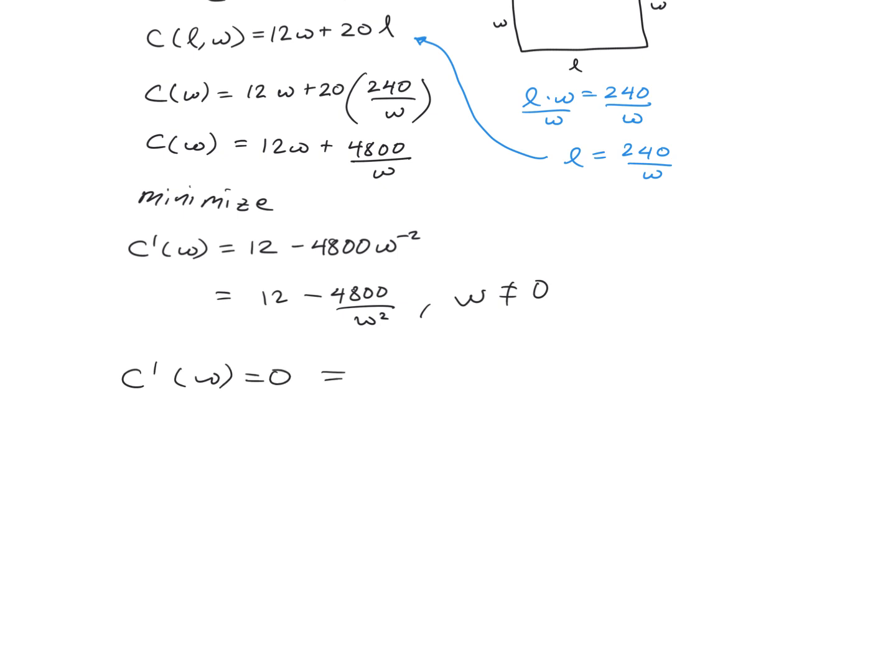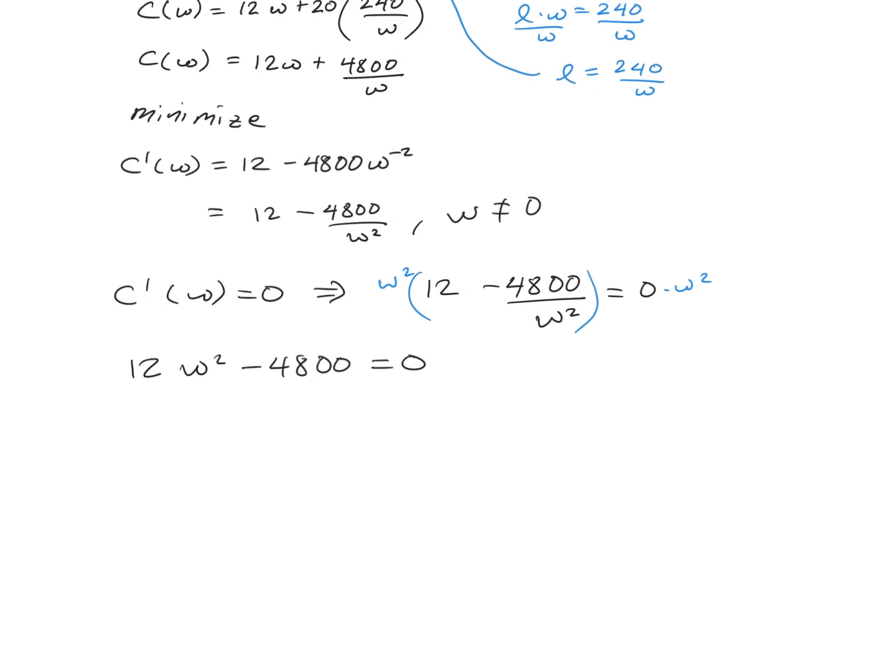When you set it equal to 0, you have 12 minus 4800 over W squared equals 0. If we multiply through by the W squared, which we know is non-zero, we end up with the algebraic equation 12W squared minus 4800 is equal to 0.